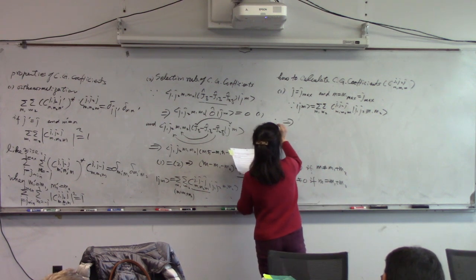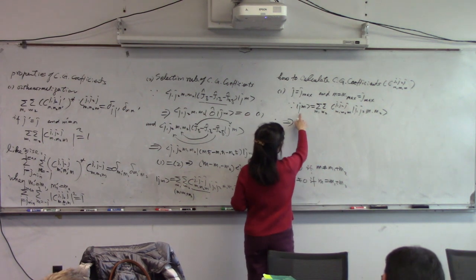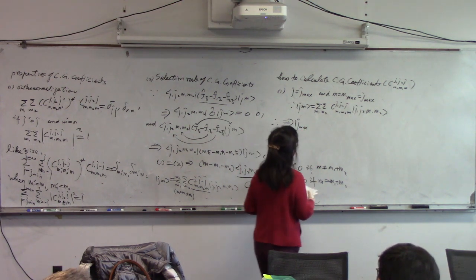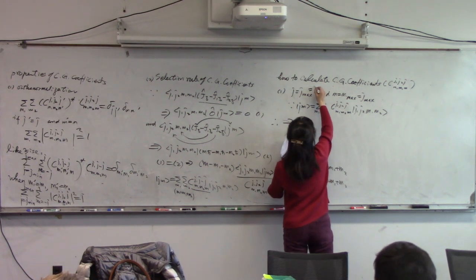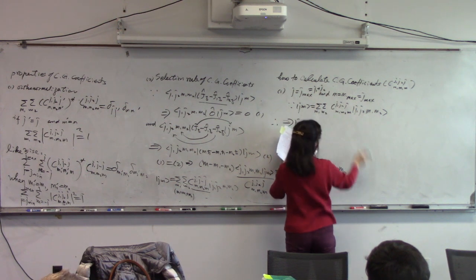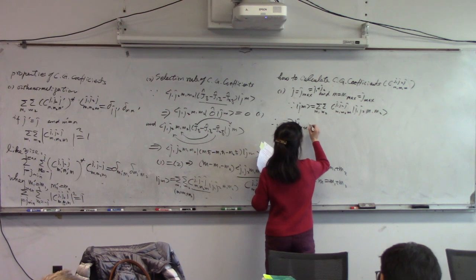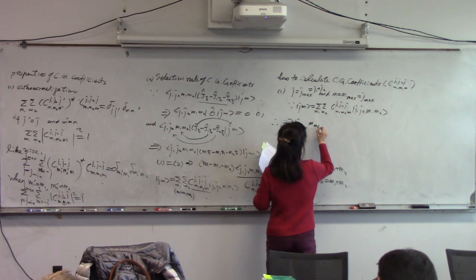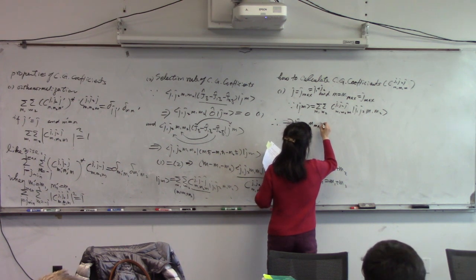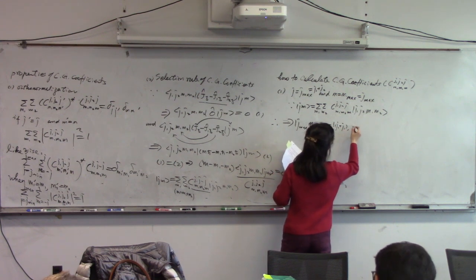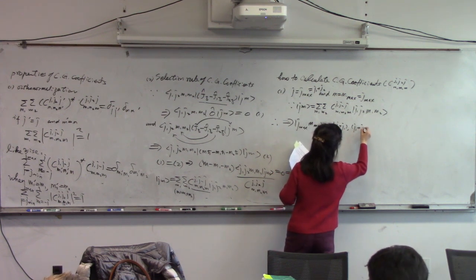Then, for this case, J maximum. Okay, we need immediate uses, right? J maximum and M maximum, that's equal to J1 plus J2, and M maximum equal to J1 plus J2, sorry.